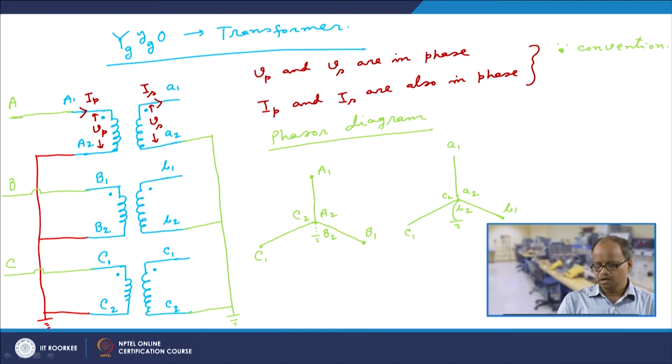And if this is phase A, then this is also phase A. So, at the secondary side also this is phase A, and if this is phase B at the primary side, then this is also phase B. So, from B1 we also take phase B, and from C1 similarly we take phase C, correct. So, this is the vector diagram and this is the corresponding connection.